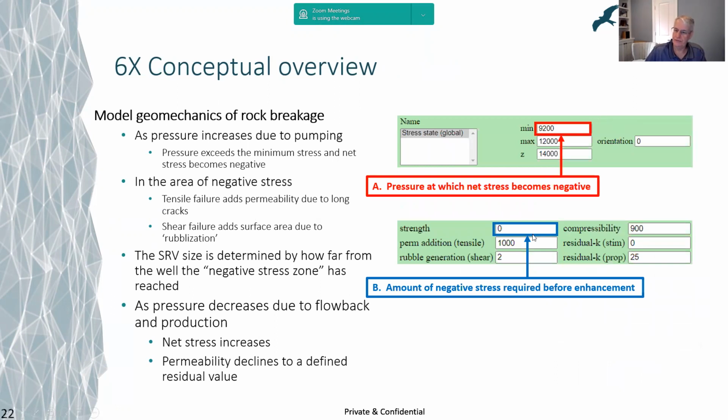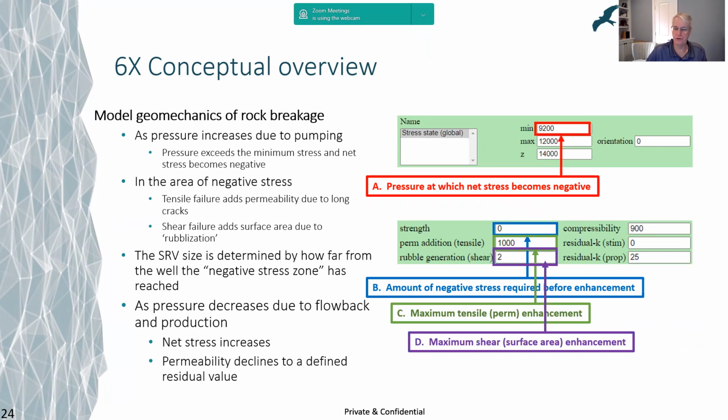The strength is on the geomech panel, and that's the amount of negative stress above the minimum stress that we would need. The maximum permeability addition is this. The maximum rubble generation shear surface area is this one here. And the pore volume expansion in microsips is this one.